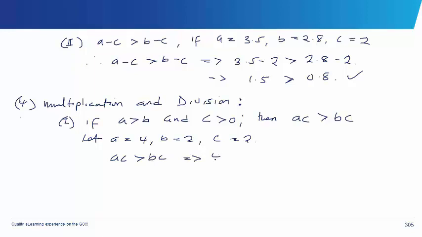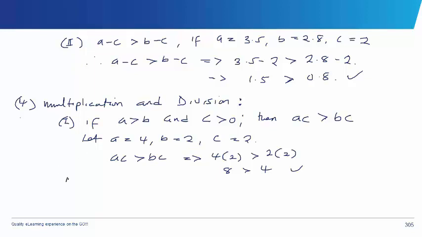We will have A, 4, and then C, 2. Let's find out whether it will be greater than B, 2, and then C, 2. Alright, 4 times 2 is 8 and then 2 times 2 is 4. This holds. So we can say that when we have two positive numbers being multiplied, the sign doesn't change.